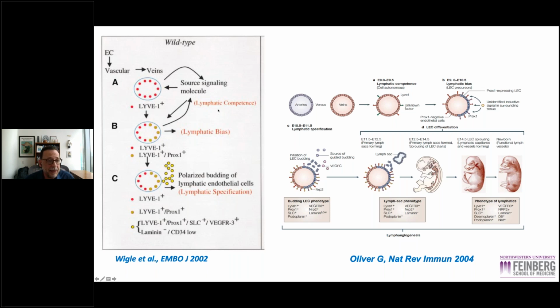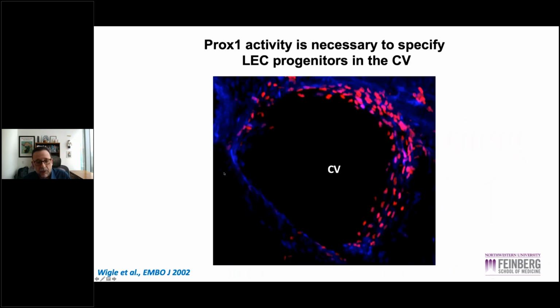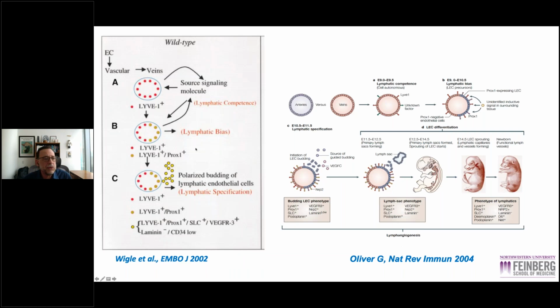Something happens, so this cell will be ready to become whatever type of cell it is, in this case, a lymphatic cell. Then that cell becomes biased, and eventually by adding additional markers becomes specified and in the end fully differentiated. What we suggested in 2002, based on the few markers we had, was that, as David Jackson at that time in the UK showed, LYVE1, the hyaluronan receptor, is also expressed in the cardinal vein. So we suggested that that's the initial competence of the vein to become lymphatic.